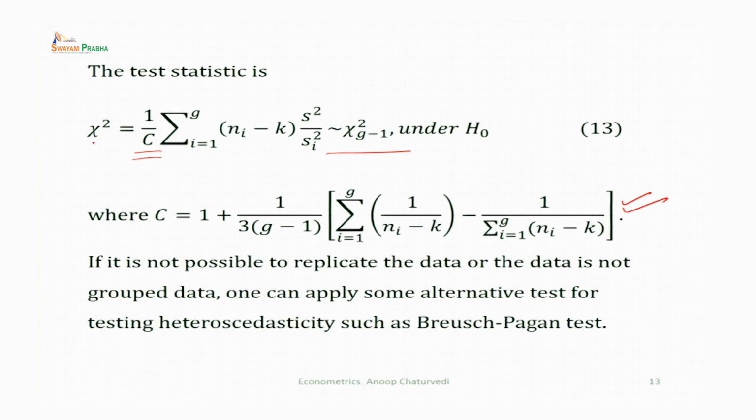So, this is the calculated value of chi square, and then we reject H naught at 100 alpha percent level of significance if this calculated value of chi square is greater than the tabulated value of chi square at alpha level of significance. So, this is the critical region.